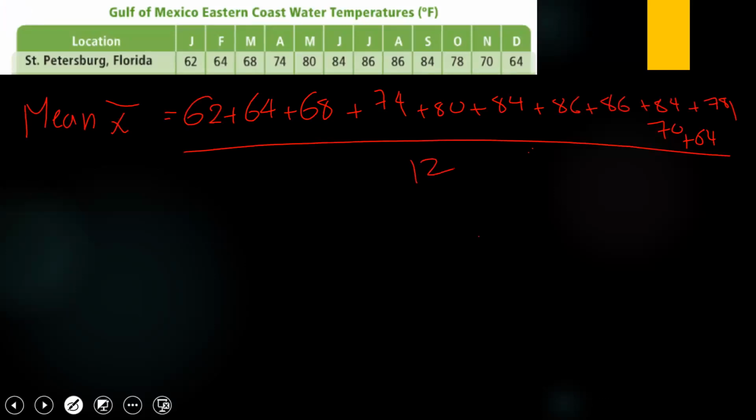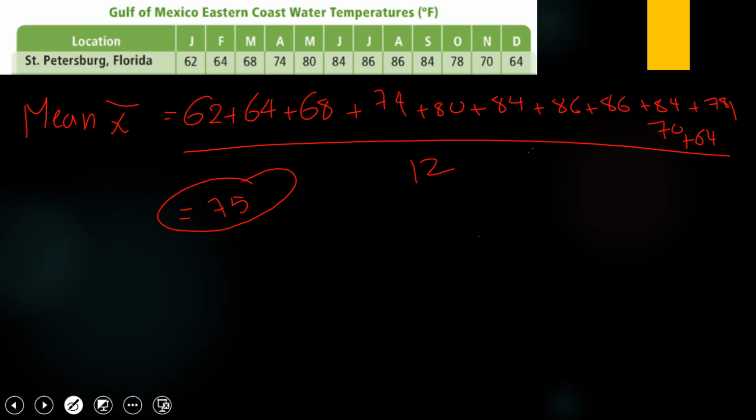So here you have to add all the values over 12. After you add them, you will get that they are 900 over 12. So it is 75. So the mean here is 75 Fahrenheit. You add the data over the number of them, then you get 75, which will be the mean.